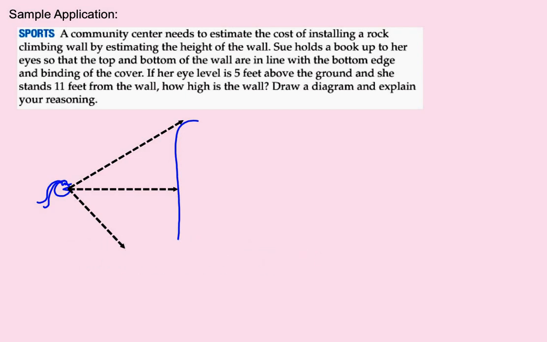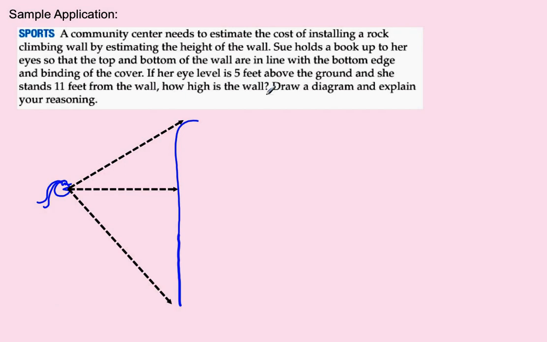So let me see if I can fix this. So the diagram looks better for you. I want to make this longer, so it is a right angle. Actually, no, that's fine, whatever. We'll go there, and I'm going to make this longer again. So pretend it looks something like that. I'm sure it's actually the other way around because Sue's going to be like super tall the way I have her drawn, but that's the gist of it.